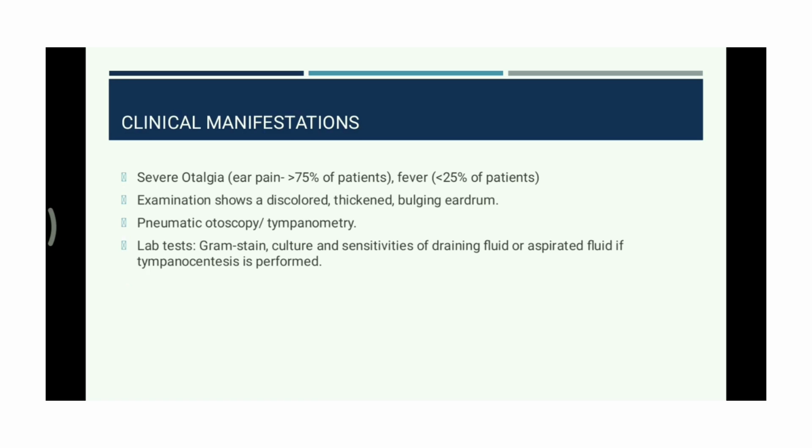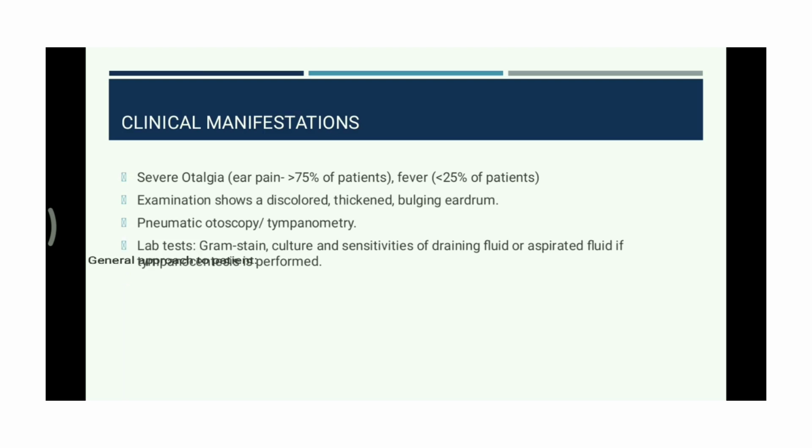We collect the fluid draining through the middle ear and culture it. And if tympanocentesis is performed, we collect the draining fluid and determine which pathogen is causing the middle ear infection or inflammation.